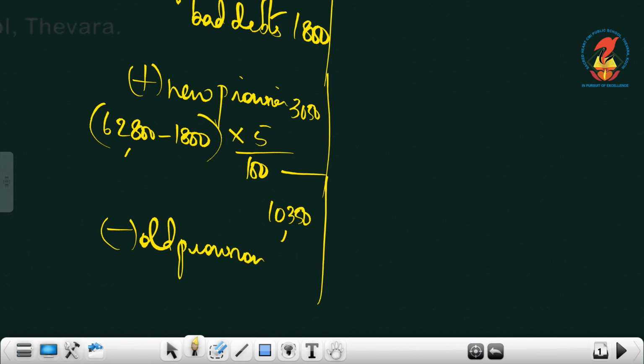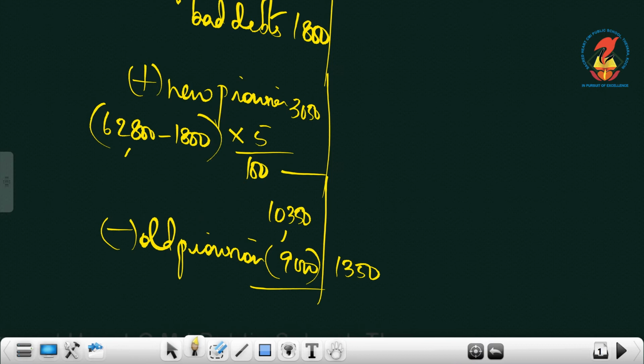From that you have to deduct one item, that is the old provision. This we discussed in illustration 7. Old provision means the one given inside the trial balance, so we have to deduct it. So what's the formula? To bad debts, add further bad debts, add new provision, less old provision. That must be learned as a formula, and all these must come on the debit side of the P&L.